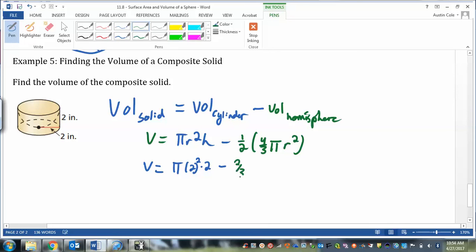And then you have to divide that by 2 to get the hemisphere. And that makes sense because the hemisphere is half of the sphere. And that equals 16.76. And why did you subtract it? Because you're trying to find a composite. Because you want to take away the sphere.